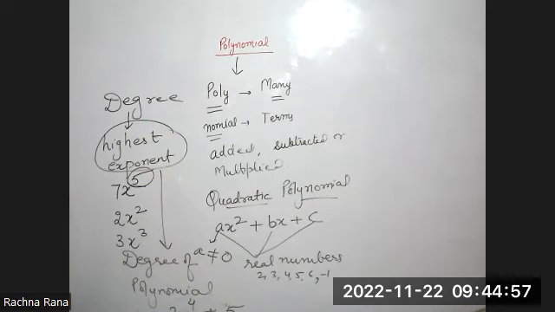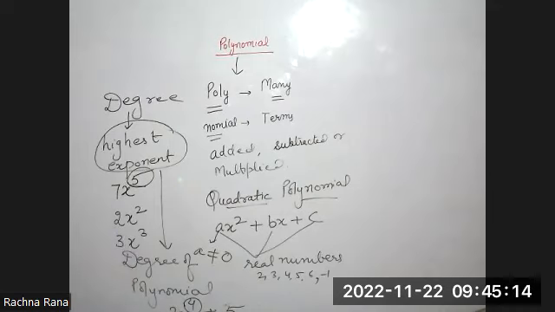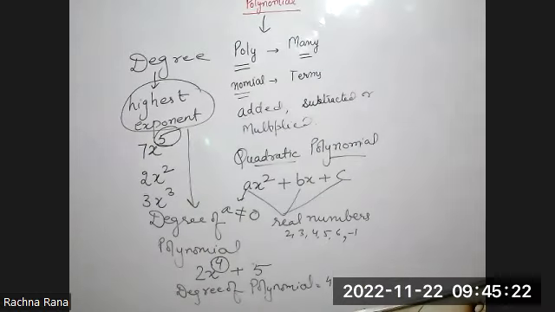In this statement, 4 is the highest exponent, so the degree of the polynomial is 4.